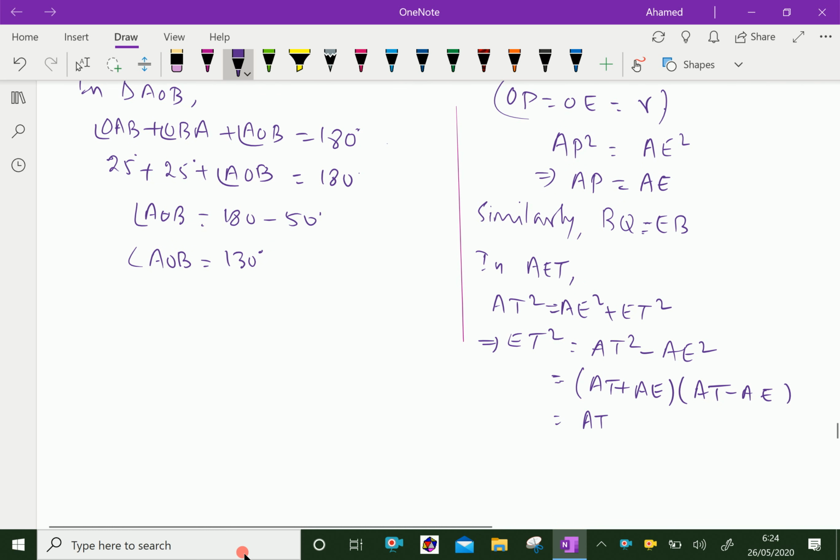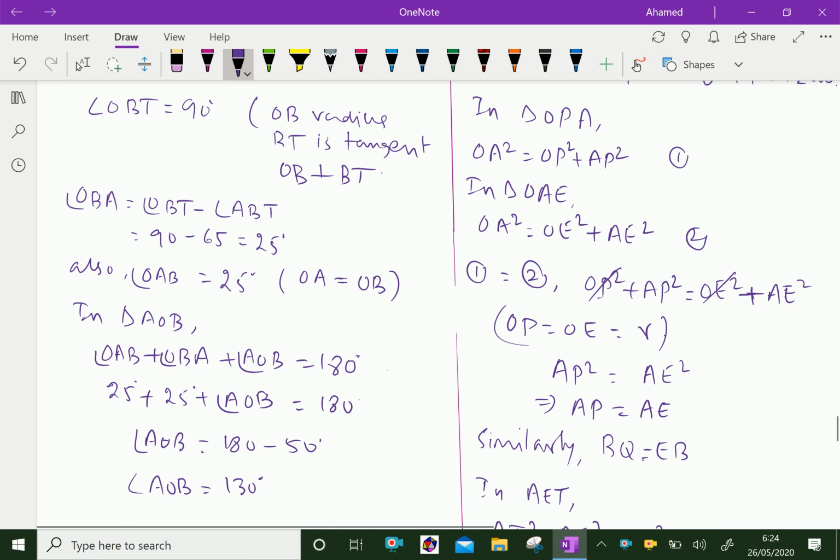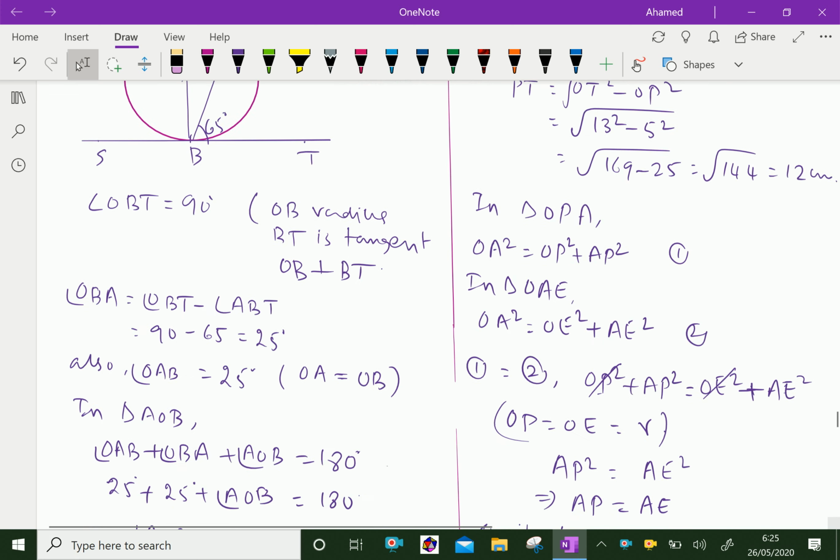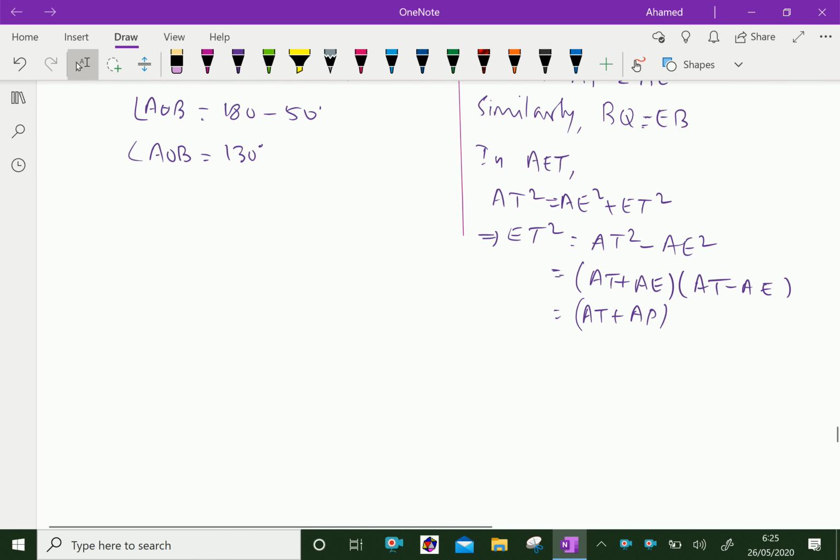Instead of AE, because both are tangents, AP is equal to AE, we are writing AP here. AT minus AE equals AT minus AP.